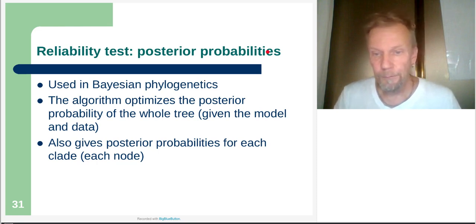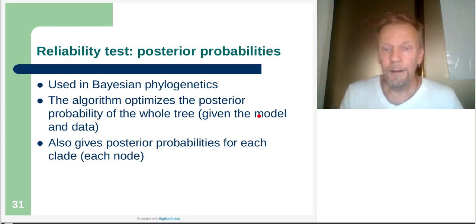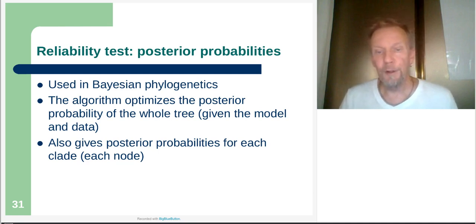And the algorithm is optimizing the posterior probability of the whole tree given the model and the data. Oh, sorry, given the data. So it's optimizing the probability of the tree and the model given the data.